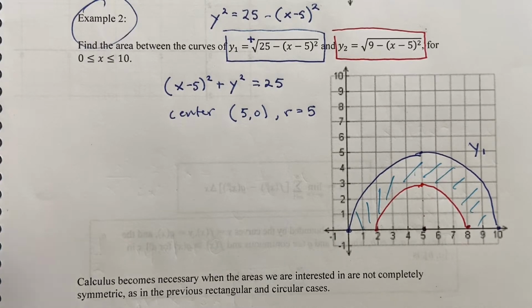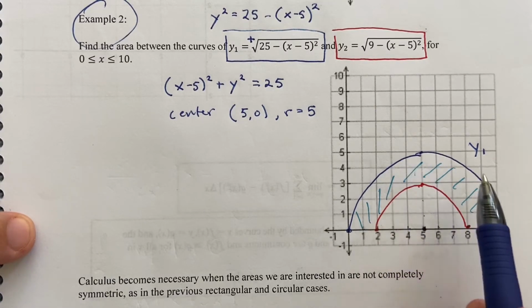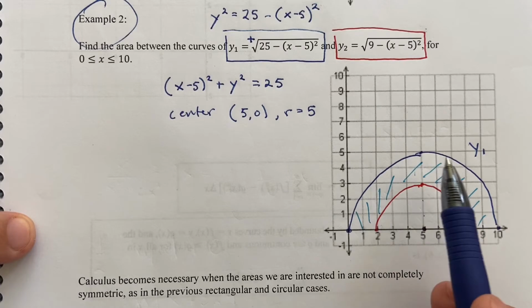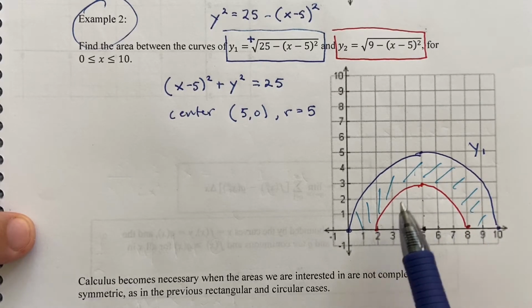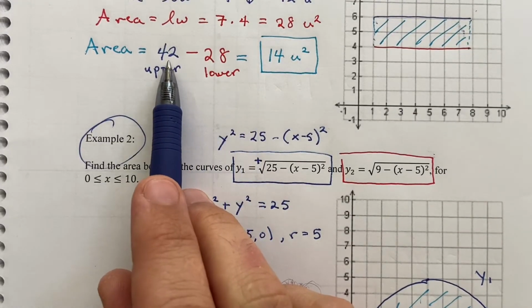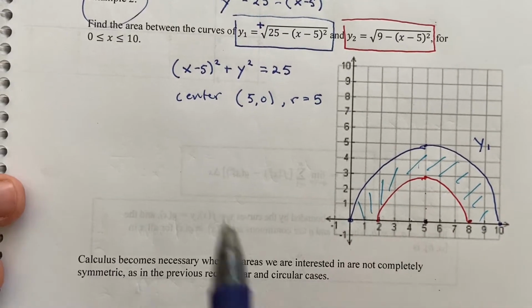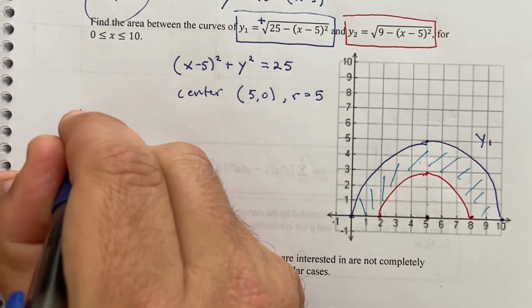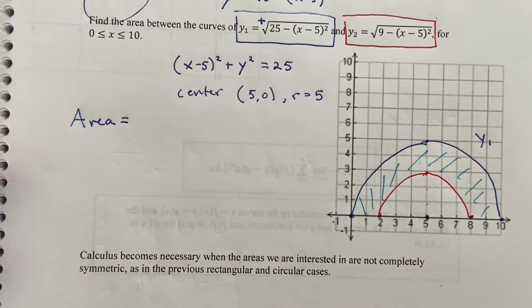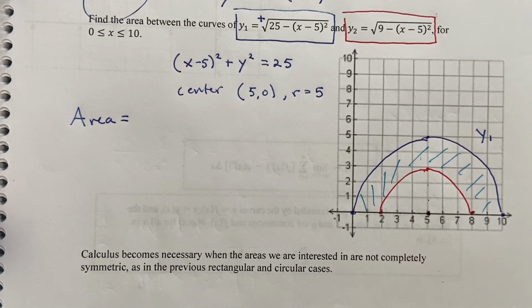So what we would do is, again, I would find the area of this outer function, and it's another kind of finding what you're looking for by taking the difference, right? We took the difference, the upper minus lower here from before. That's what we're going to do here as well. So the area of that upper one, well, that's a circle of radius 5, but it's just half of that circle.